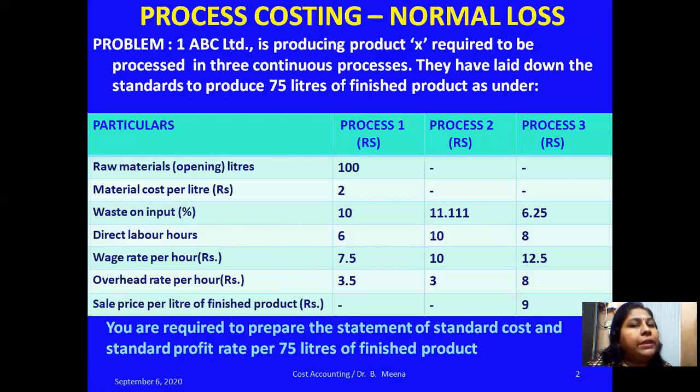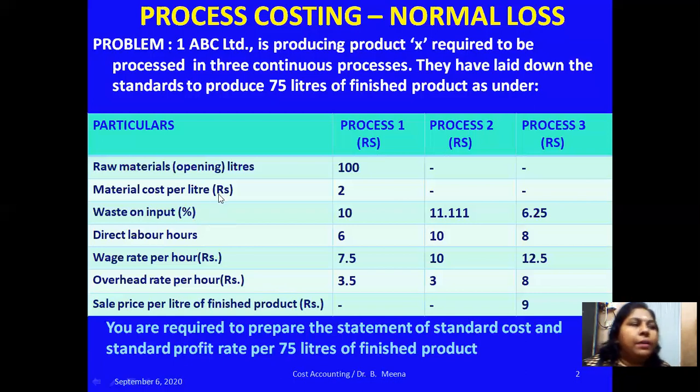The wastage is termed as normal loss when the wastage has a scrap value. So this problem model is the wastage which has no scrap value. Okay, then how to deal with this kind of problem? Now you will understand from this explanation.